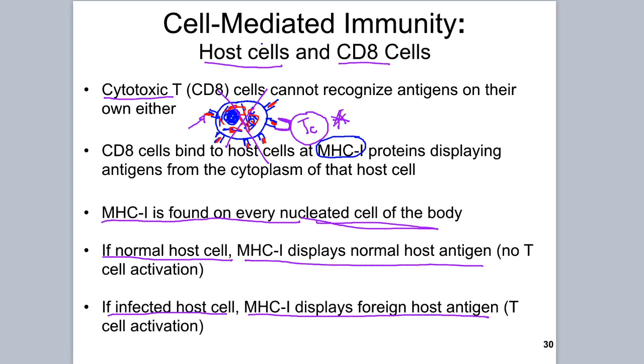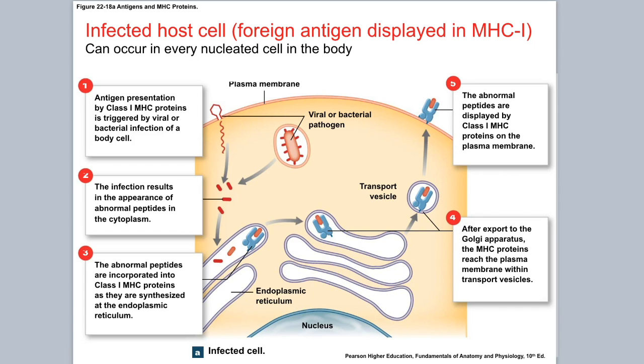So let's take a look at this with some diagrams. Here we've got our diagram, and as we can see, an infected host cell. Here's a bacterial pathogen, here's a viral pathogen.